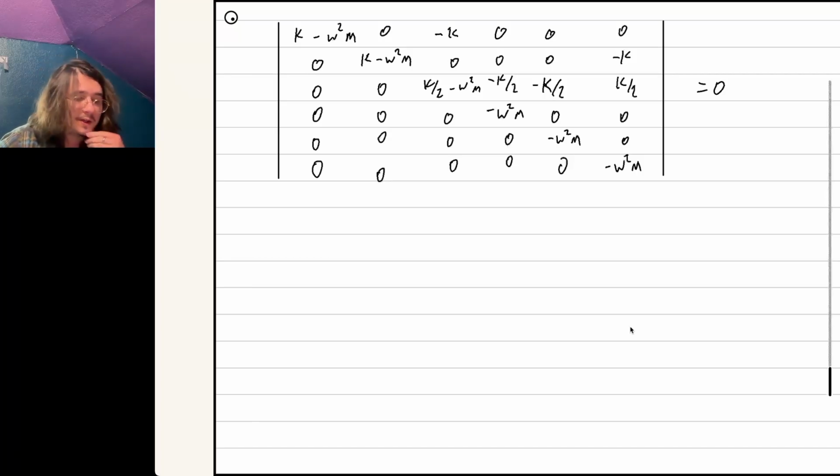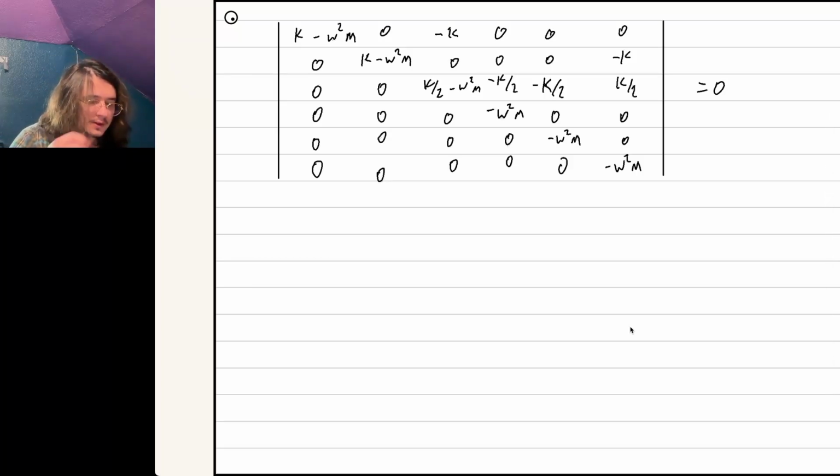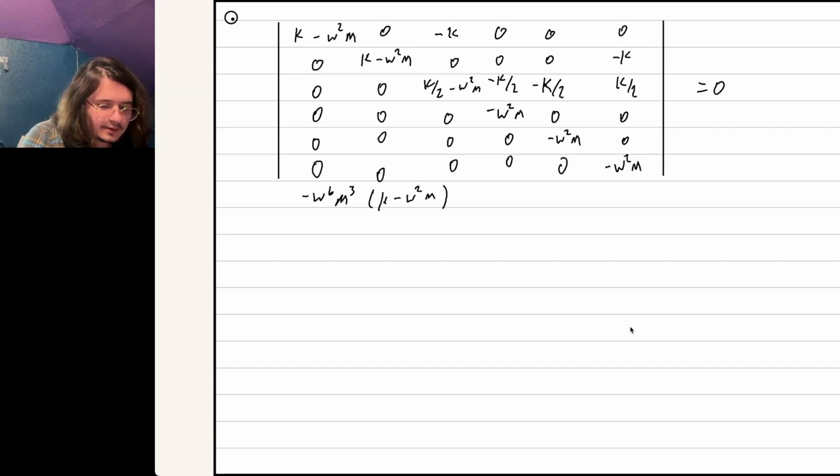And so we only really have omega squared m to the third, so minus omega sixth m cubed times k minus omega squared m squared times k over 2 minus omega squared m.